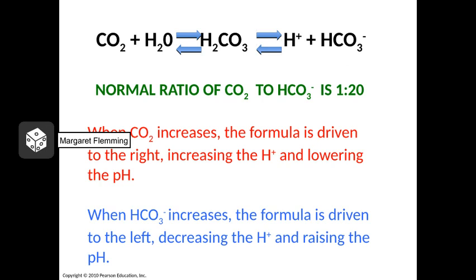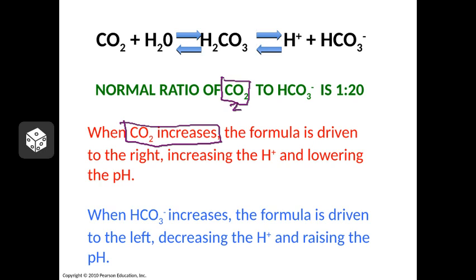Let's take a look at this formula relative to changes in carbon dioxide and/or bicarbonate. So first, let's take a look at what happens when carbon dioxide increases. In other words, instead of 1, let's make it 2 molecules of carbon dioxide.